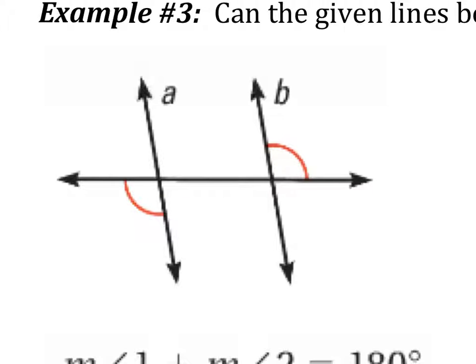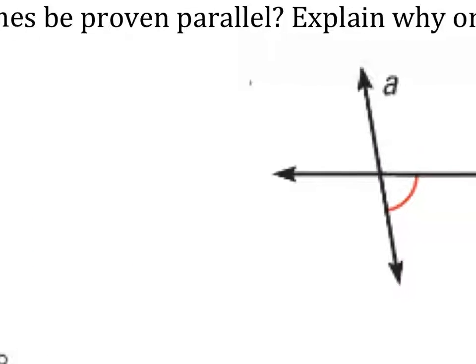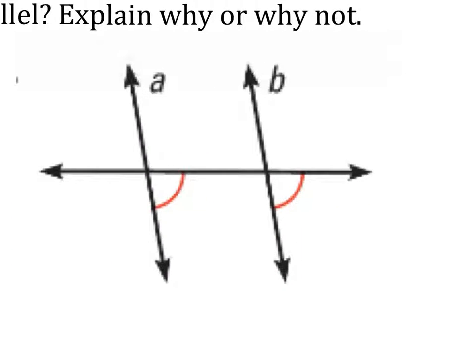If they're alternate exterior, then they're gonna be parallel. Okay, so she's saying that since these alternate exterior angles are congruent to each other, that these 2 lines, A is parallel to B. You agree with that statement? That is correct. Okay? All right, over here. You have to decide, is A parallel to B based upon the information given?